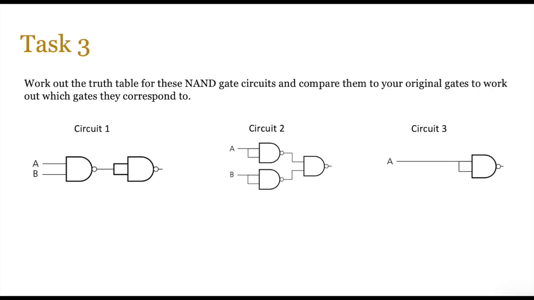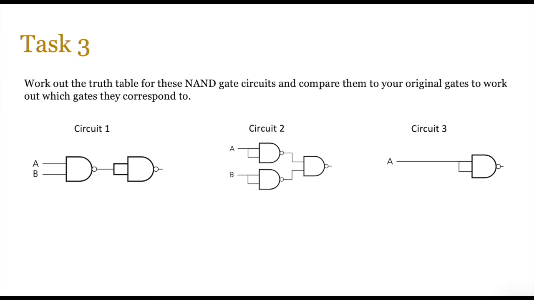Now, your task is to look at these three circuits designed with NAND gates, create the truth table and compare them to your original ones, and then let me know which circuit belongs to which original gate. Like, is there a NOT gate here? Is there an AND gate here? Is there an exclusive OR here?